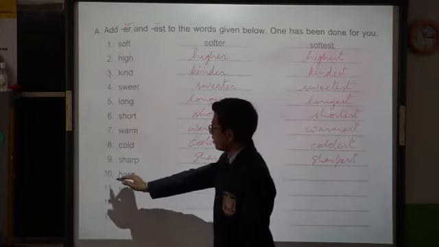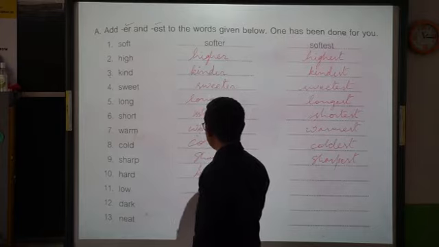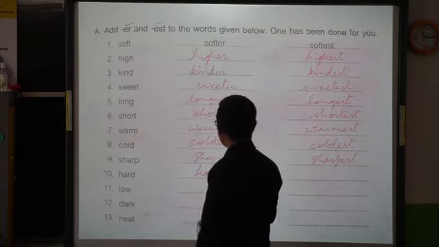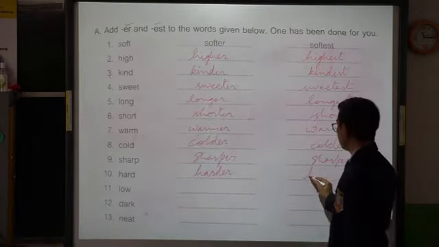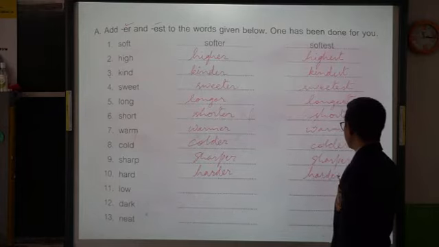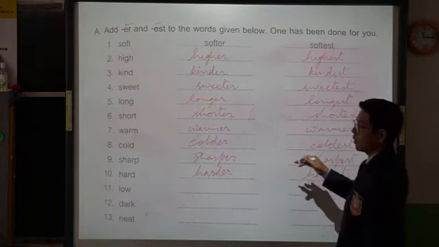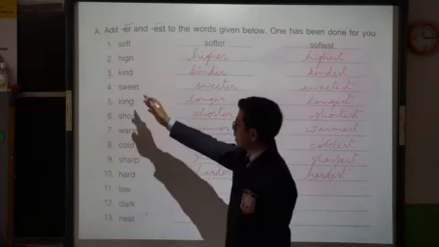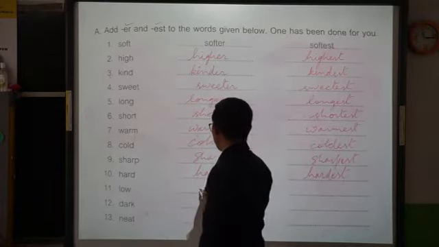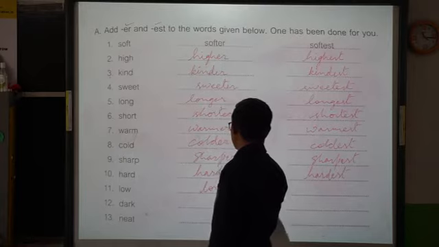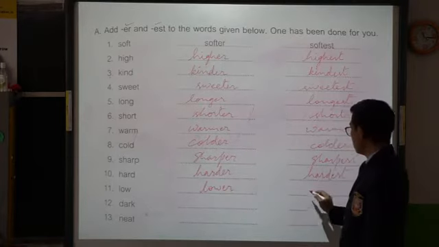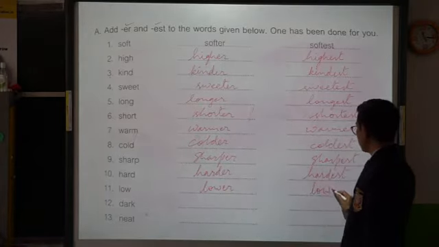Next, hard, add ER, harder, and hardest, superlative. These all are positive. Next, low, lower, and lowest.